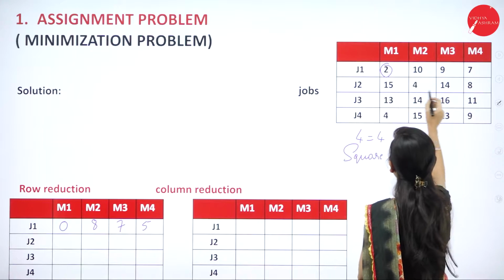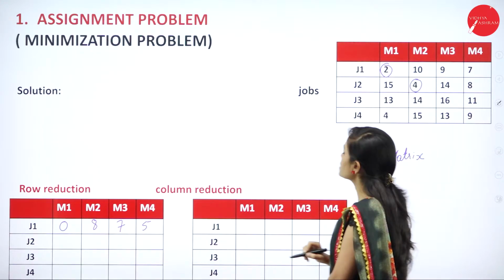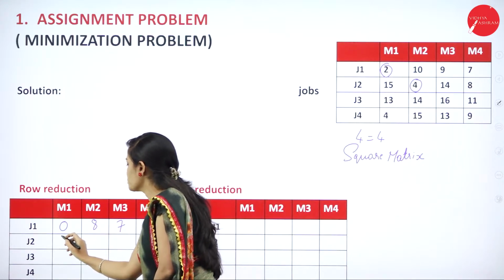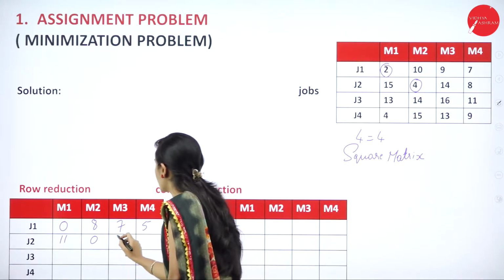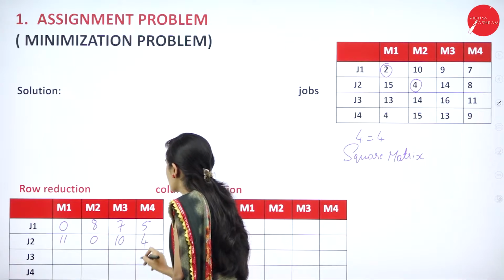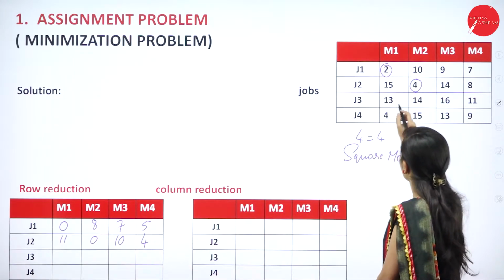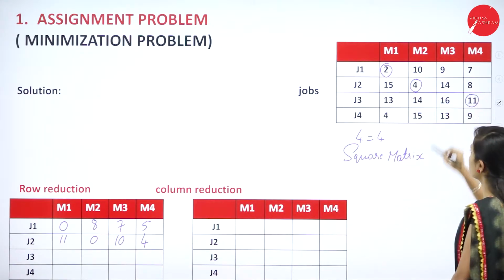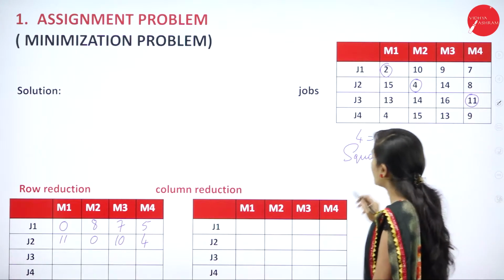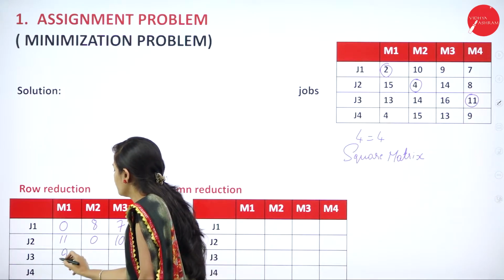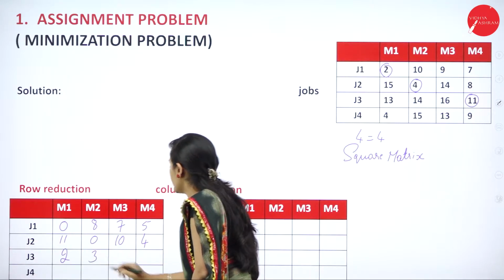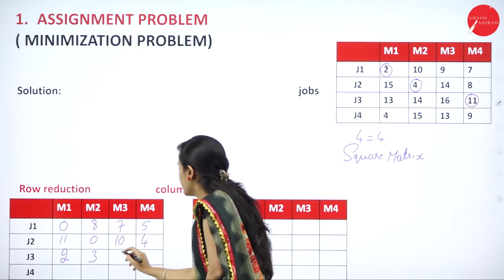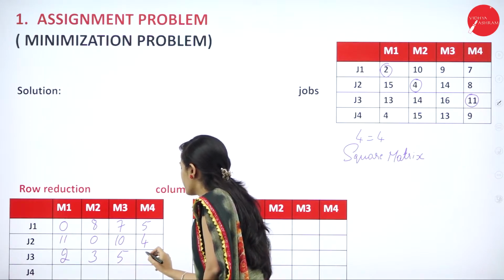And next, the least value in the second row is 4. So 15 minus 4, 11, 4 minus 4, 0, 14 minus 4 is 10, 8 minus 4 is 4. And in the third row, the least value is 11. So 13 minus 11 is 2, and 14 minus 11, 3. 16 minus 11 is 5, 11 minus 11 is 0.